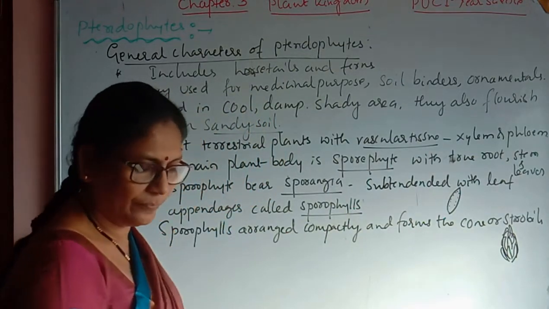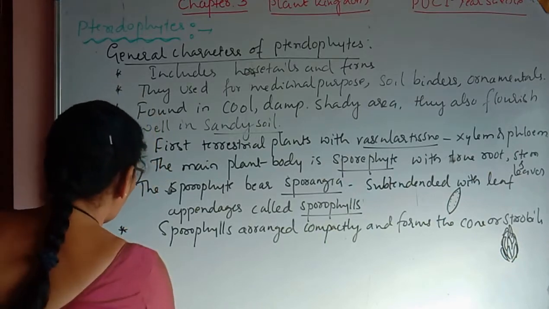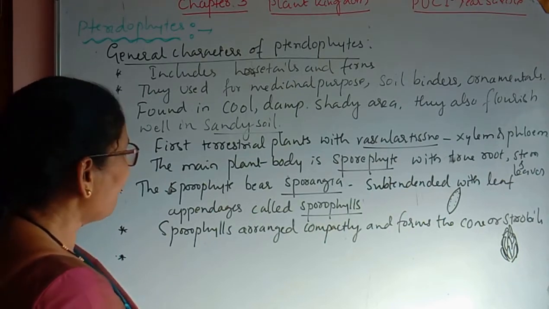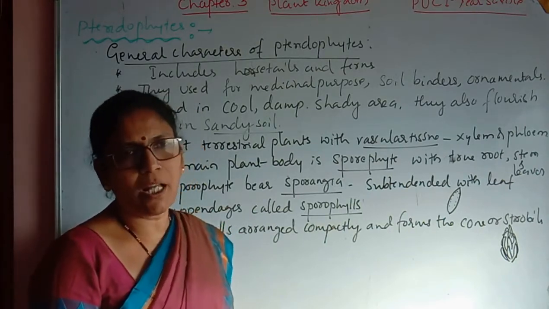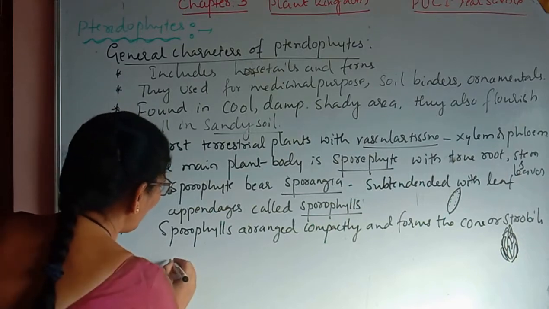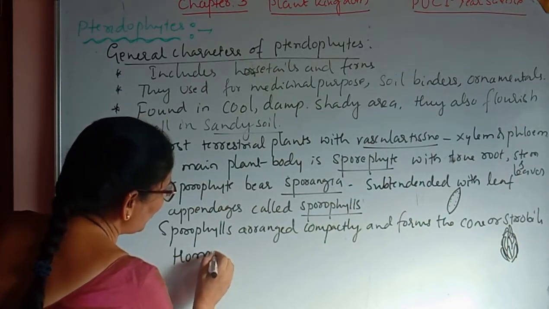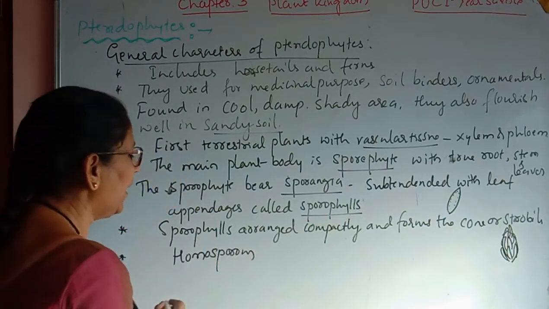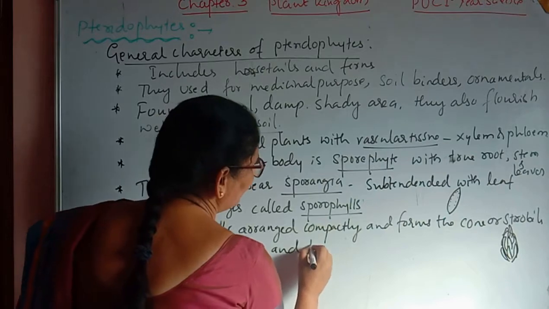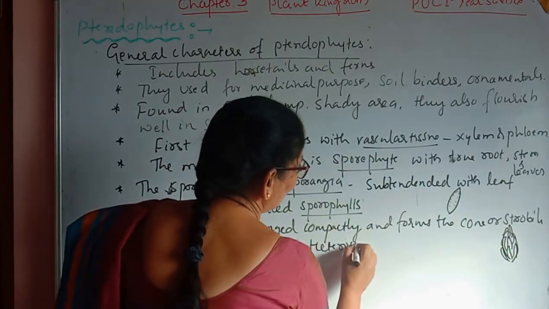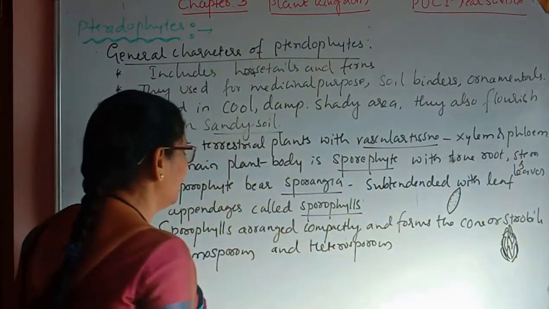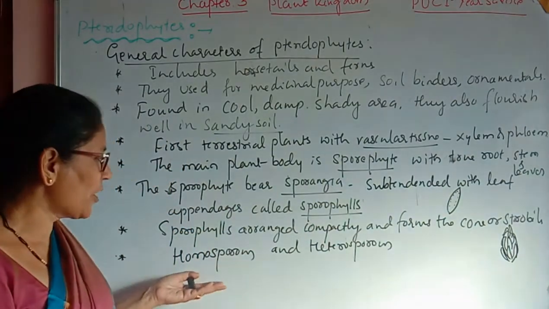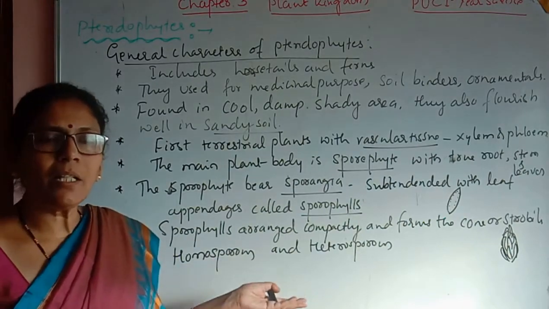So next character, pteridophytes may produce two types of spores. They may be homosporous or they may be heterosporous. Homosporous means they produce similar kinds of spores.